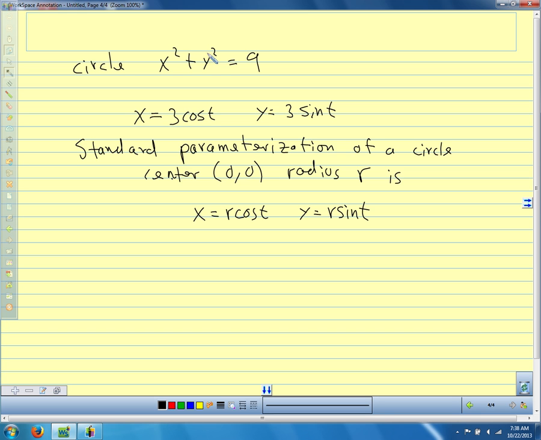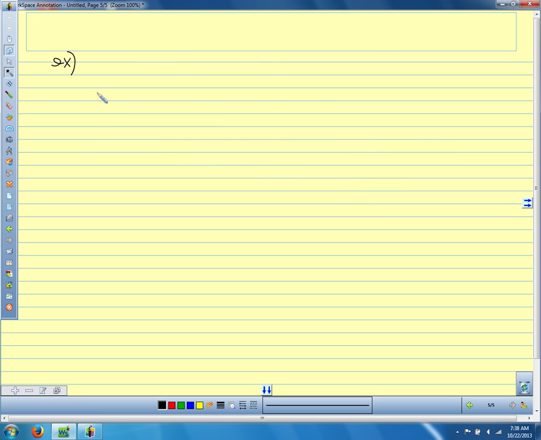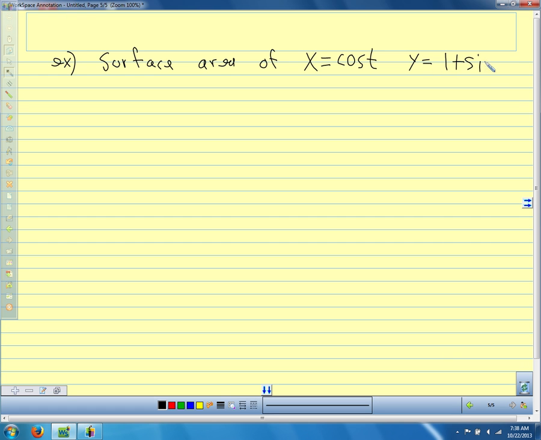All right, so let's apply our surface area formula and then actually work on a problem. I just wanted you to see this because it comes up frequently. So an example. We want to find the surface area of x equals cosine t and y equals 1 plus sine t for 0 less than or equal to t less than or equal to 2 pi, going about the x-axis.